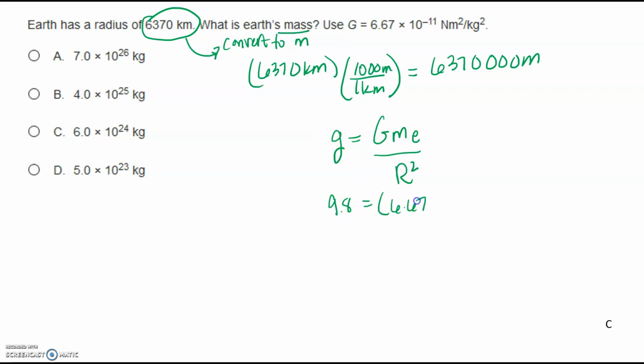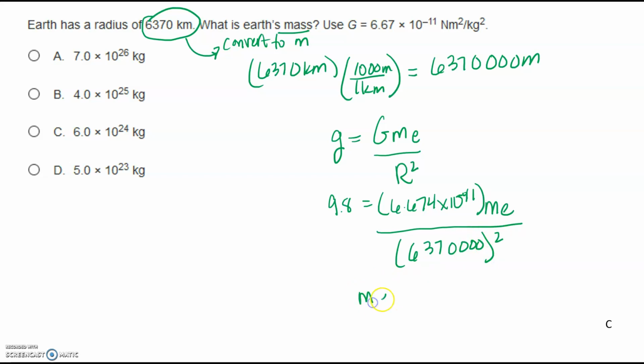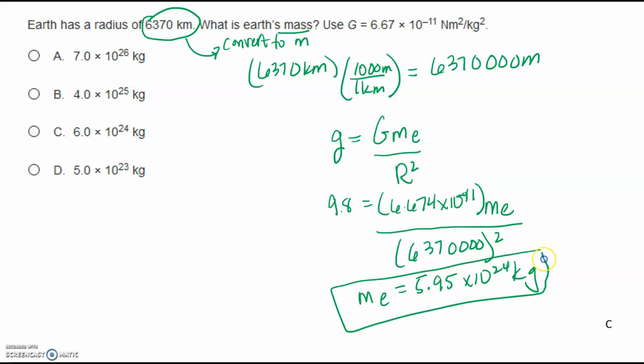I can plug in my constant, 6.67 times 10 to the -11. I'm looking for the mass of Earth, and I have the radius. So when I solve for the mass of Earth, I get that, which is C, closest to C.